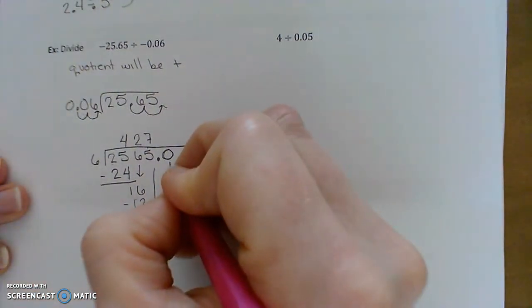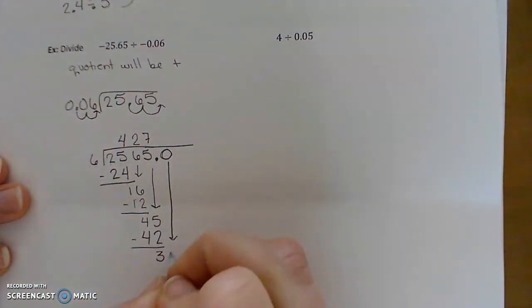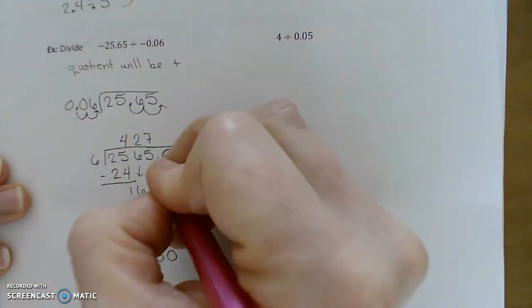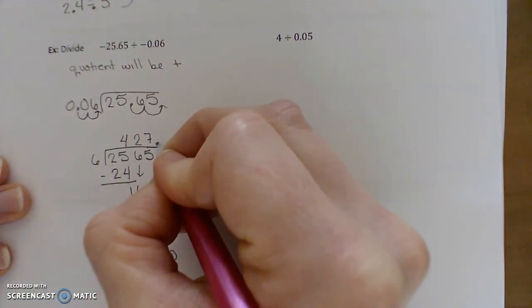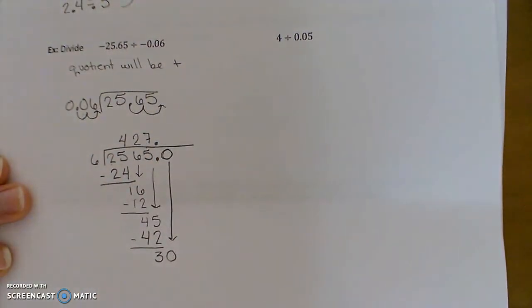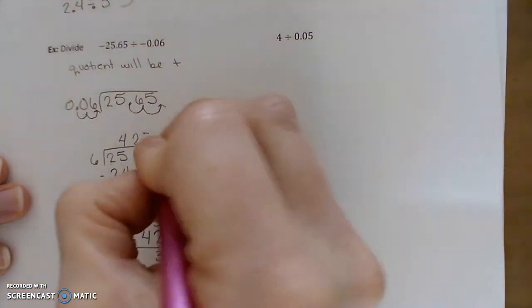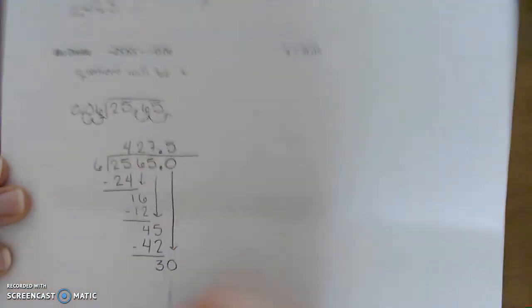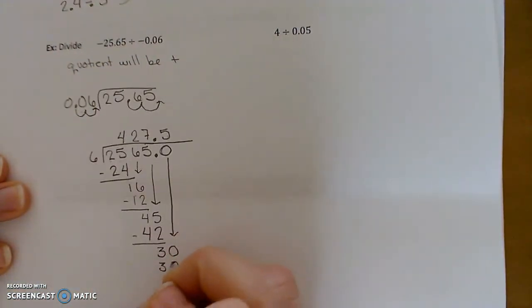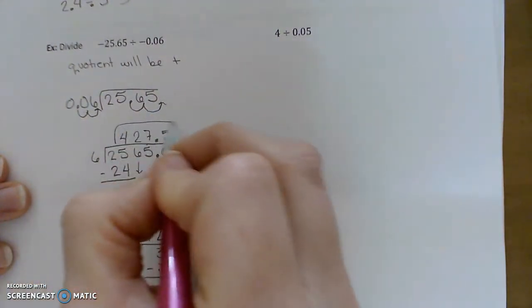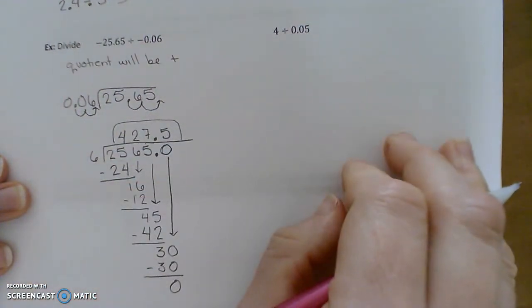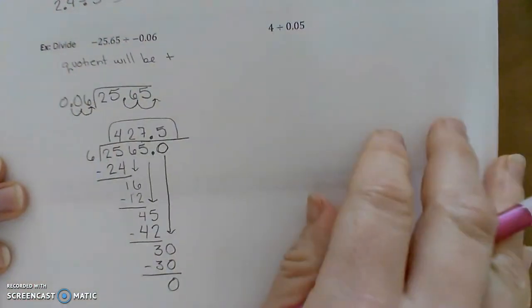So let me go ahead and throw in that extra 0 and drop it down, remembering that I should put the decimal point in the quotient right above where it was in the dividend. Okay, 6 goes into 30 5 times. 5 times 6 is 30. So I get a nice remainder of 0 here now. 427.5. And my answer is positive.